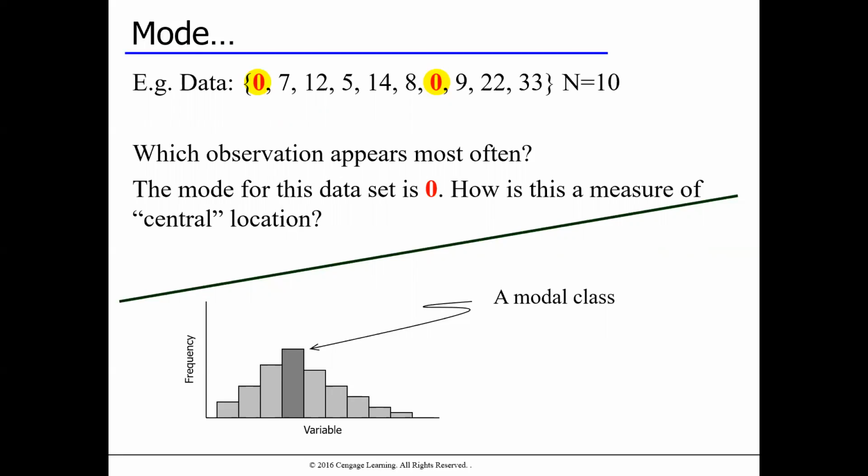I'm sure you have done in your unit 1 how to draw a histogram. In the x-axis we take the class interval, and in the y-axis we take the frequency of each class. And you can see the mode should lie in the highest class, which is shown in the picture. From here we can calculate the mode.